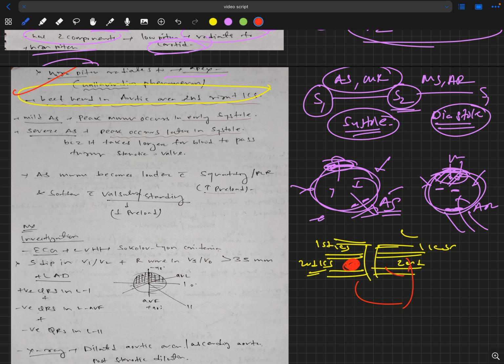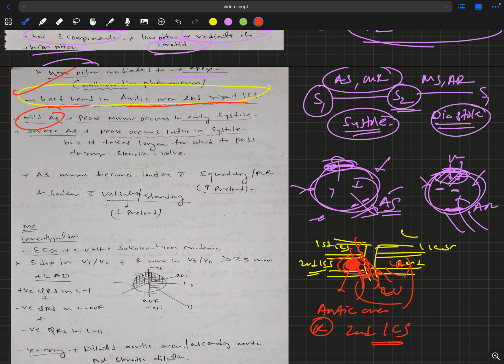This is the stenotic valve. So this is the left ventricle, this is the left atrium. This blood is flowing through this stenotic valve. That's where we hear the murmur, in the right second intercostal space or aortic area. This is called the aortic area, the right second intercostal space. This is where we hear the murmur.